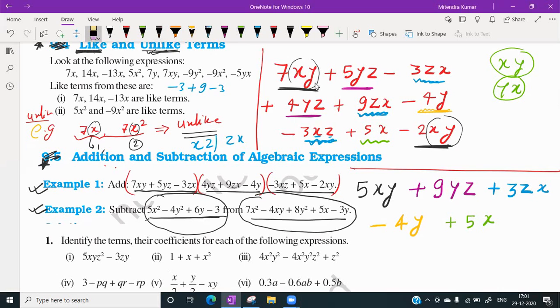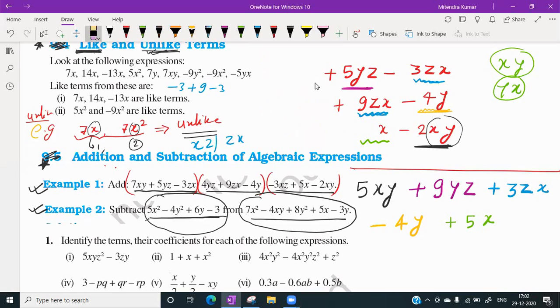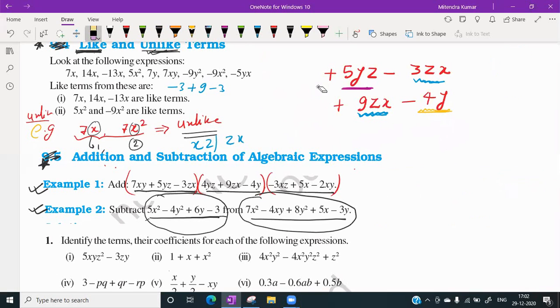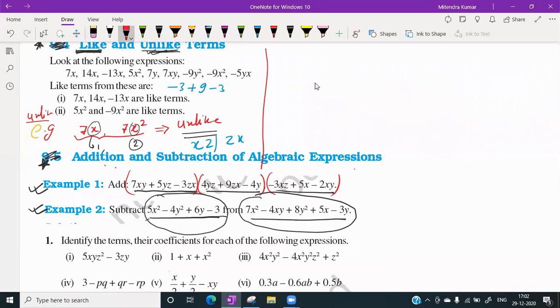Okay, so I guess this is done. So I'm removing this. Okay, so what is the question? Question number second is saying subtract this from this. So this is one expression. This is one expression. 5 minus 3y.